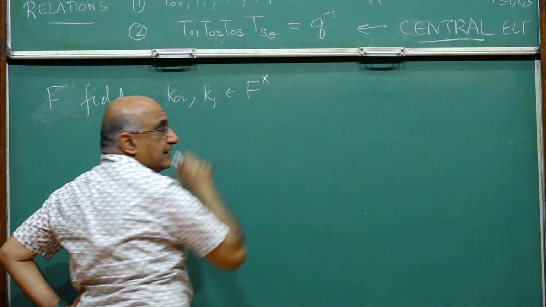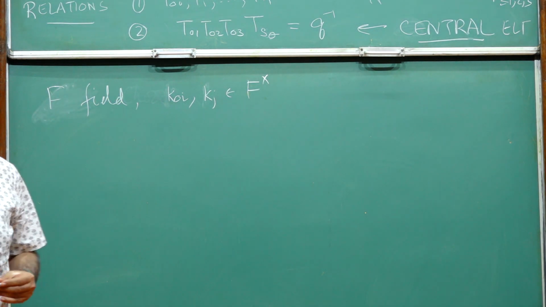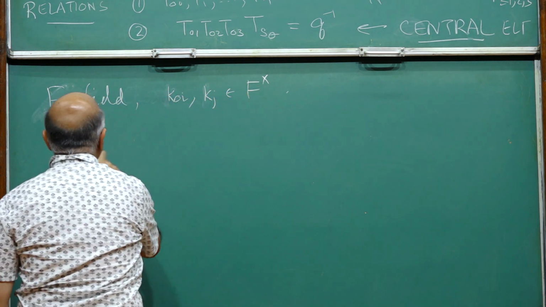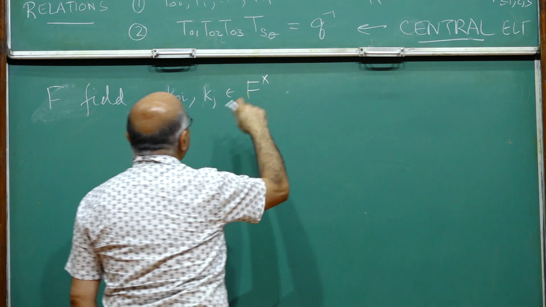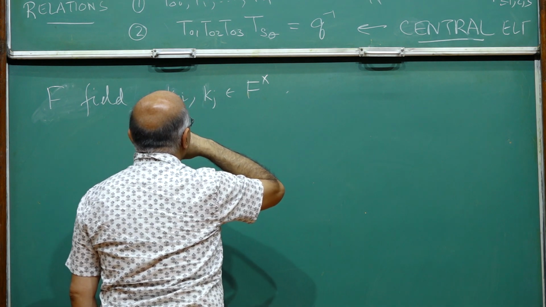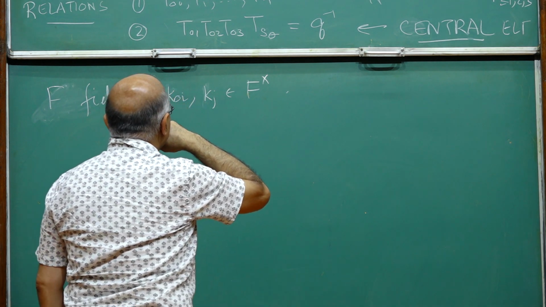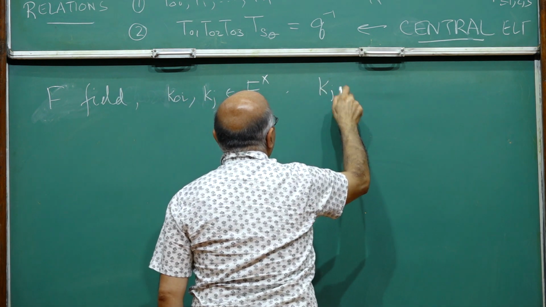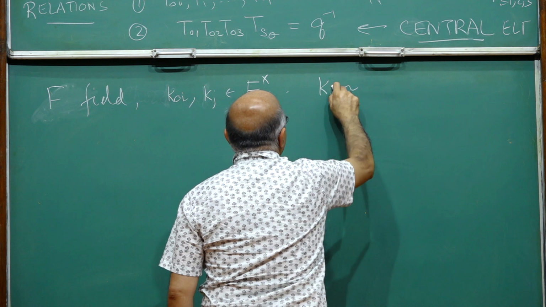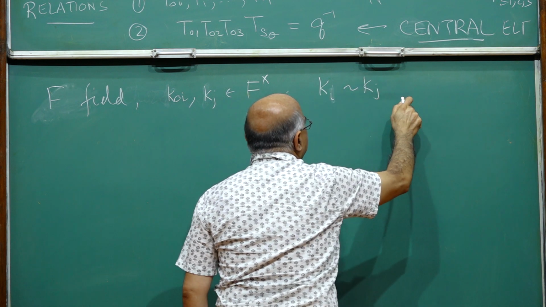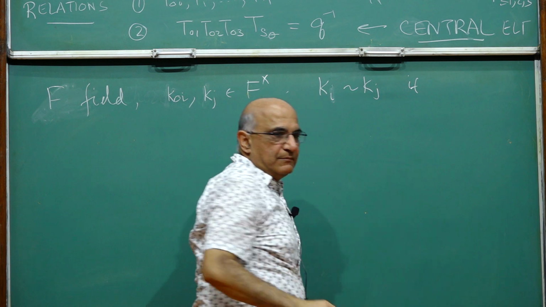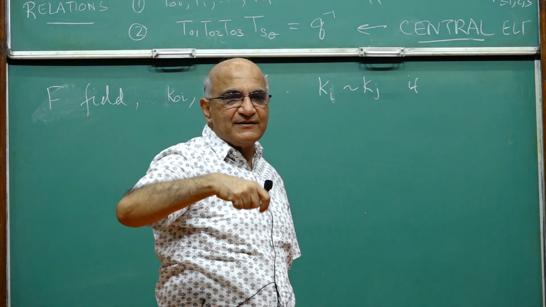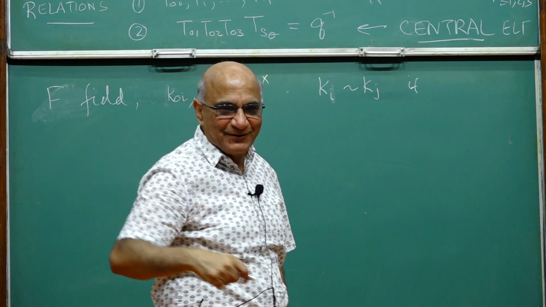Those are some elements in F cross. Then the Hecke algebra with k_i supposed to be k_j, Eric used this term, which I like, if i and j are in the same connected component.